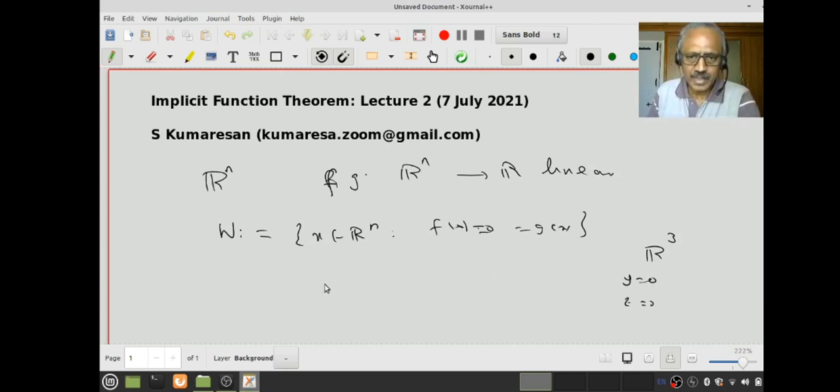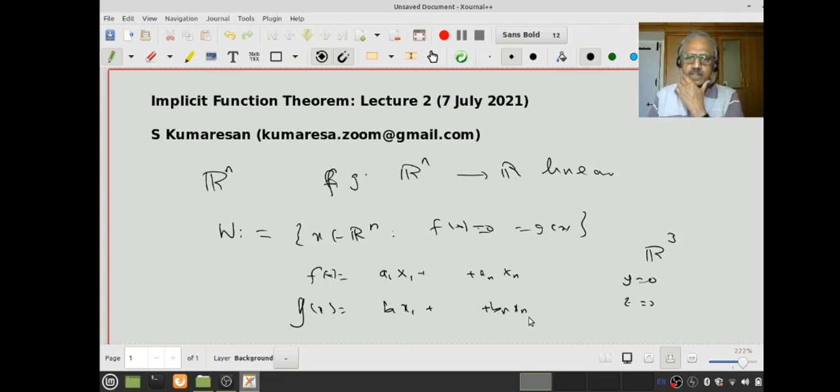No. Why? Because suppose my f(x) equals a1x1 plus ... plus an xn, and g(x) equals b1x1 plus ... plus bn xn. Now what I am asking is summation ai xi equals 0, summation bi xi equals 0.